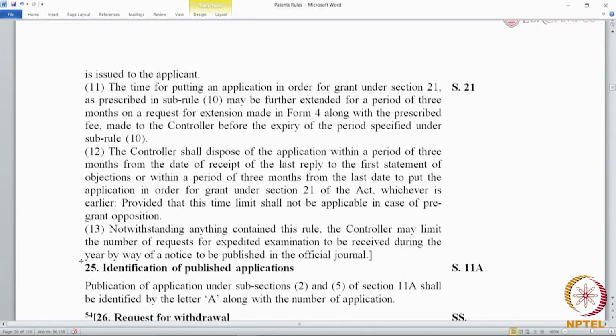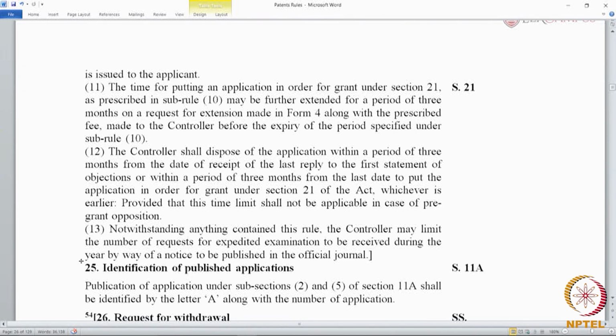Subrule 12 can be seen as the part which closes a loop. If it's an open-ended loop, then there is a possibility that you could say that time can be extended. But in an expedited examination, the controller shall dispose the application within a period of 3 months from the date of receipt of the last reply to the first statement of objection.